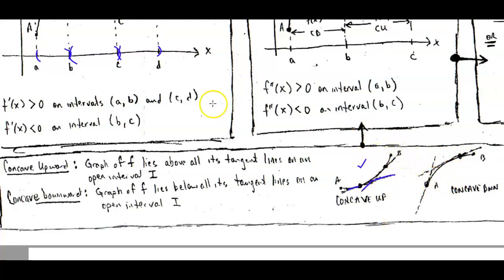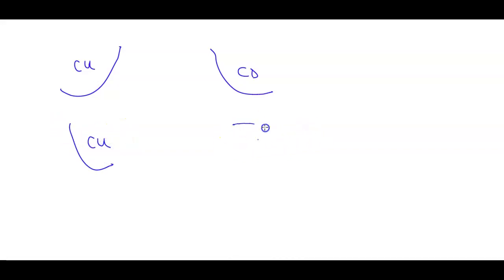Now, to make that a little bit more clear, I'm going to move to another page here so that I can draw that, and I'm going to give you the other interpretations as well. All right, so again, in this situation, if I have something that looks like this, this is considered concave up. If I have something that looks like that, that's considered concave down. I could also have something that looks like this, which is concave up. I could also have something that looks like this, which is concave down.